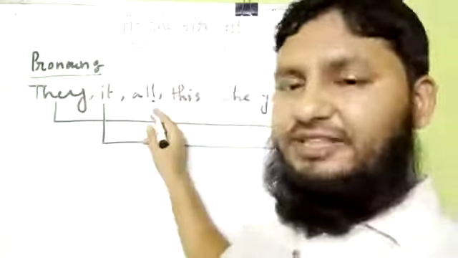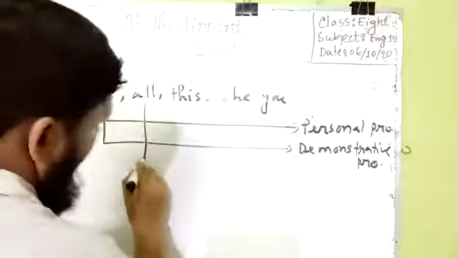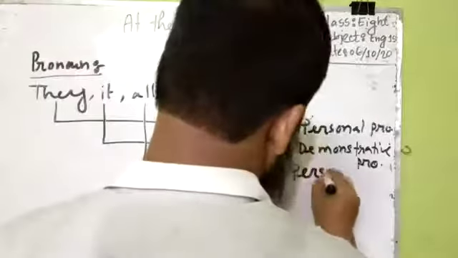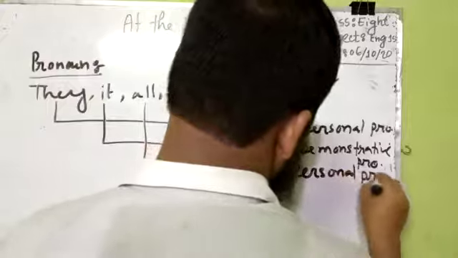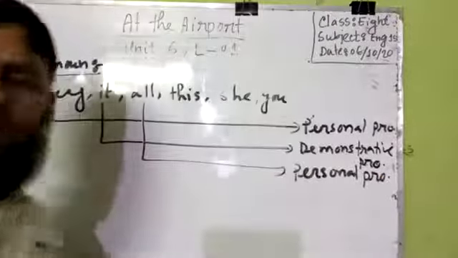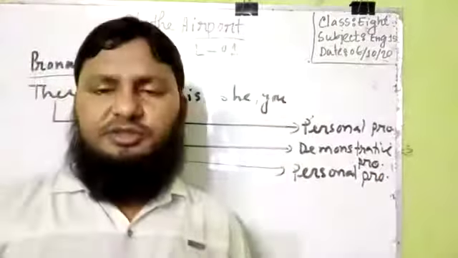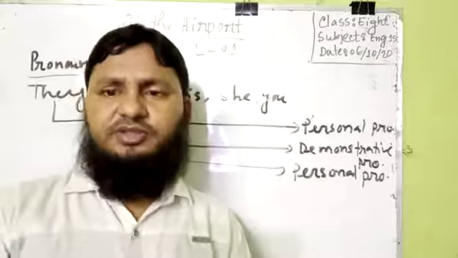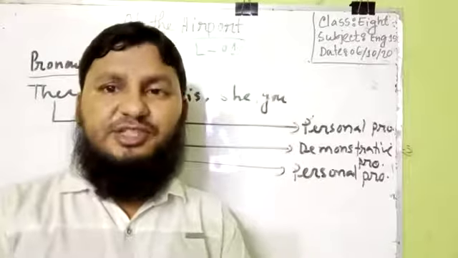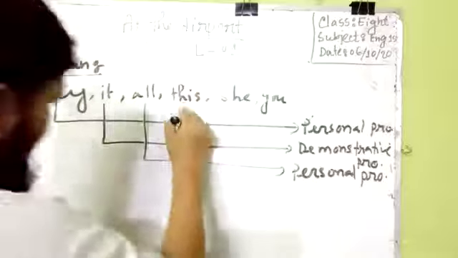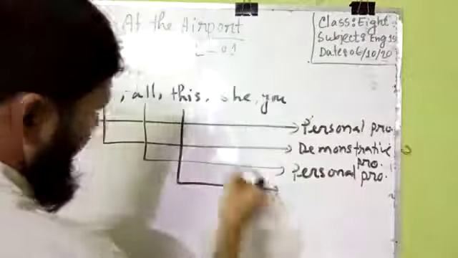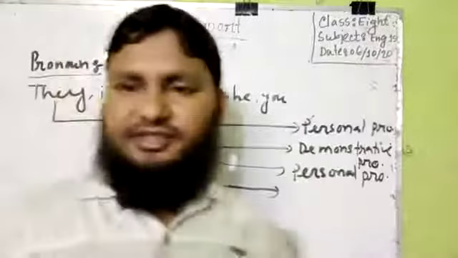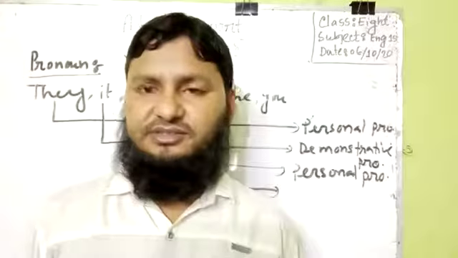Then you can find here that all is also personal pronoun, because all is used to indicate and focus some people. Next you can see these. If you think about this word, this indicates something.